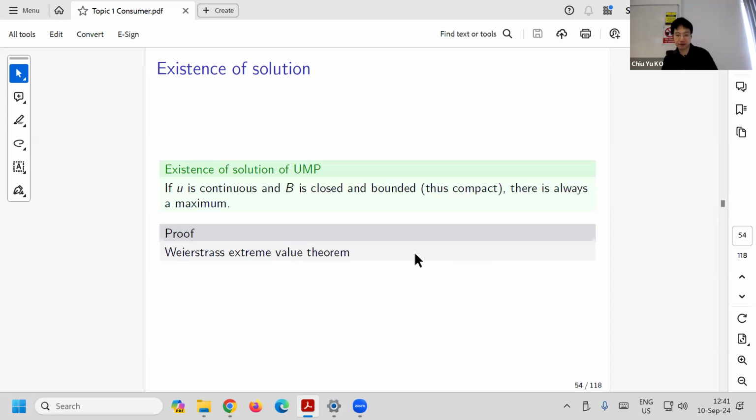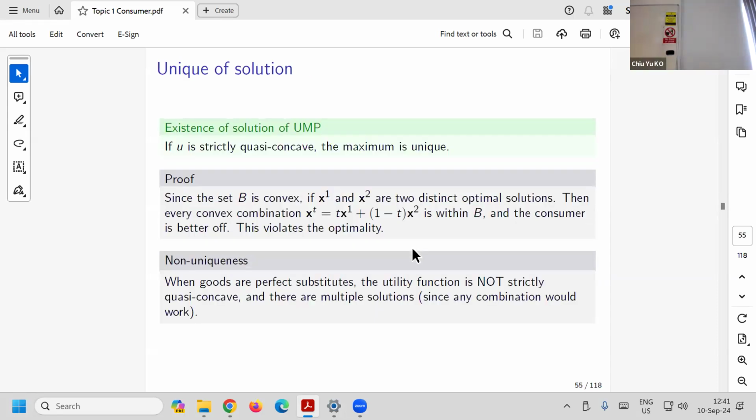Just some standard math theorem tells us that. And second, when this is strictly quasi-concave, it's unique. The reason is very simple, because strictly quasi-concave means that when you combine two different bundles, it's strictly better. So if there are two solutions, you can always combine them. That's why you can always have one solution. So that is trivial, I hope, to you.